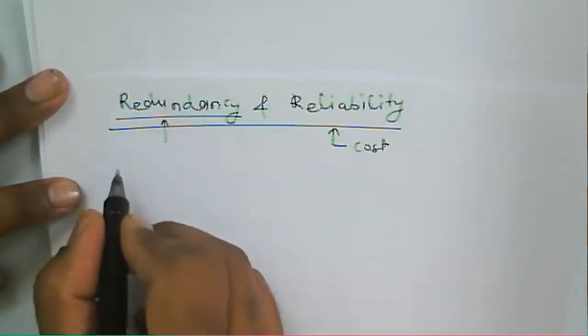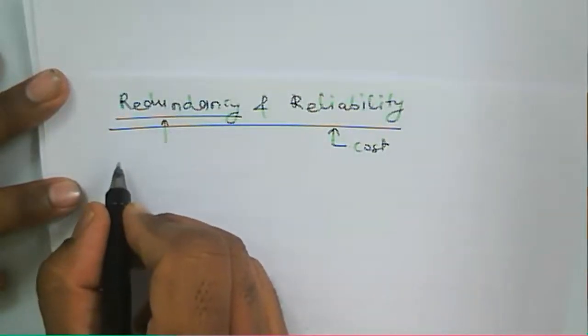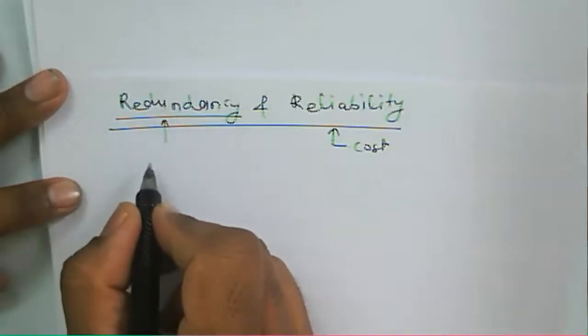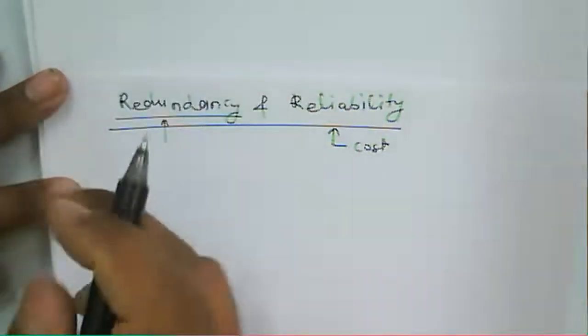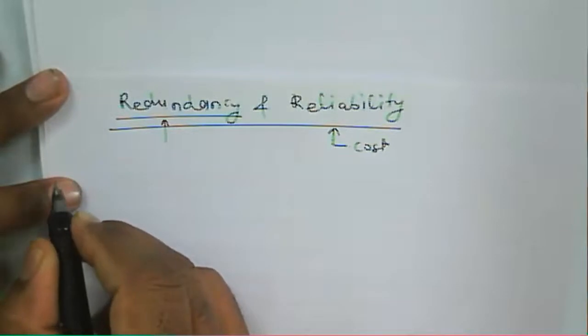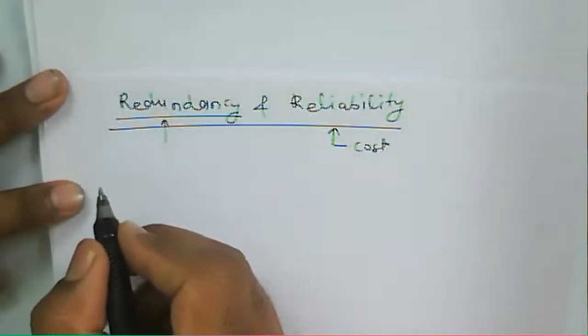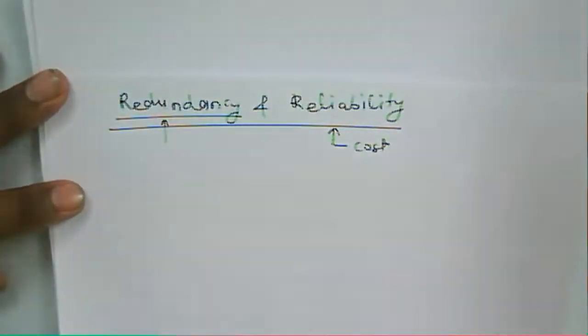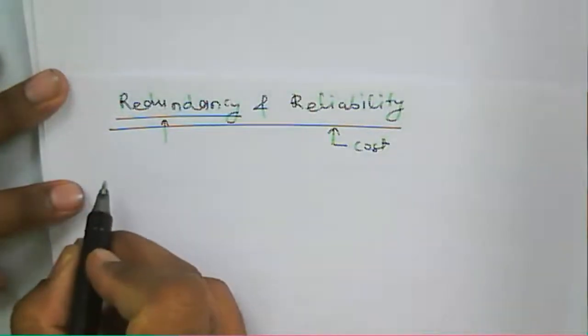And redundancy means what? Some redundant components are to be used in a subsystem, which again will increase the cost there.